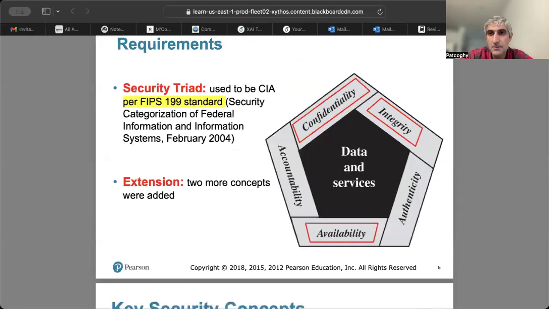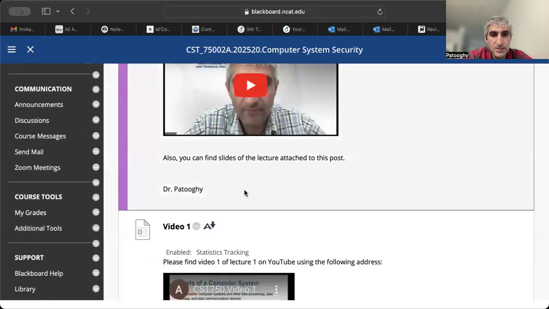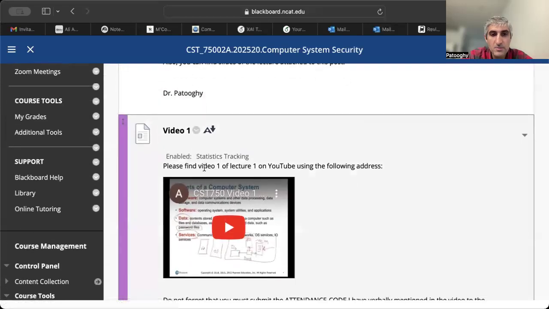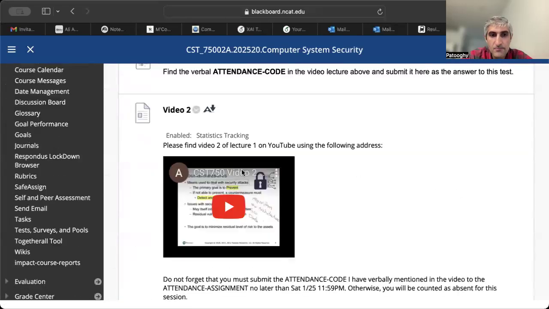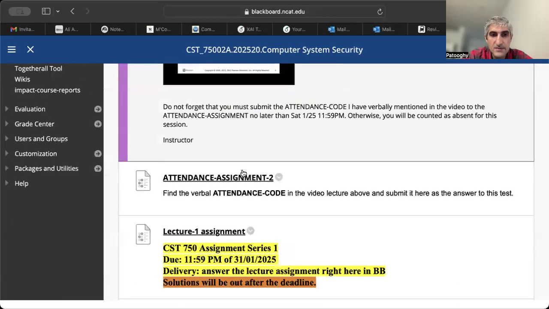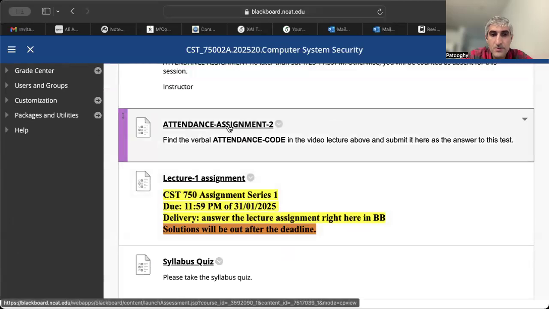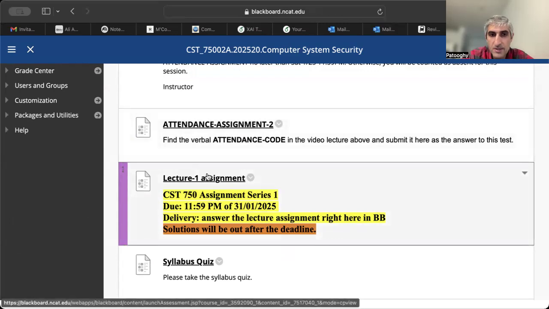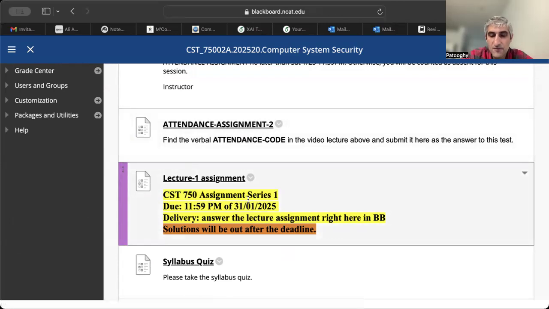I can go to the Blackboard page of the course and show you that you will have access to this video and an attendance code, then the second video with its attendance code, and the assignment, which is due on the 31st of January, and then the syllabus quiz.